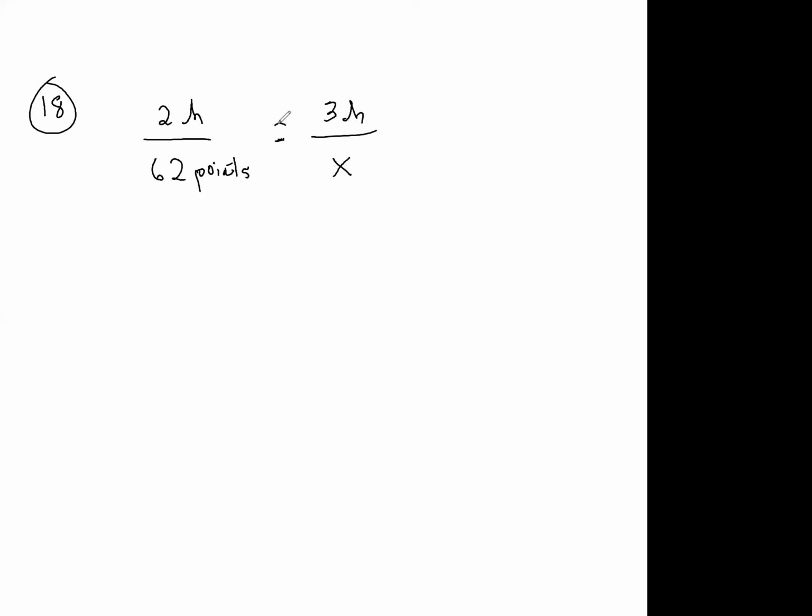Okay. The problem says directly, which means the units on top will be the same on the left and right side. Now we solve the proportion. It is equal to 62 times 3 divided by 2.